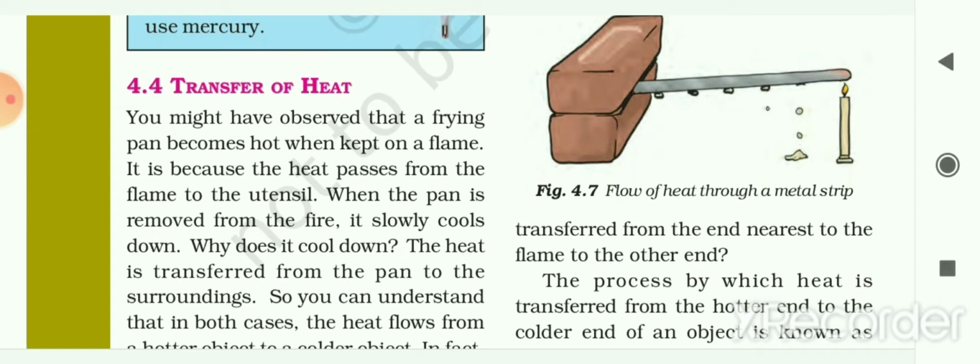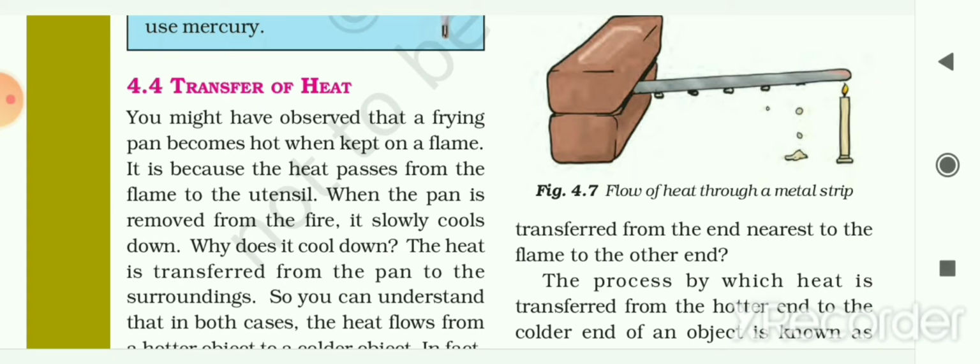The thermometer which is used to measure the maximum and minimum temperature of the day is known as the maximum minimum thermometer. And in the clinical thermometer there is a kink, a kind of structure near the bulb of mercury, and this kink prevents the mercury level from falling down. So now in this video we will see the transfer of heat.